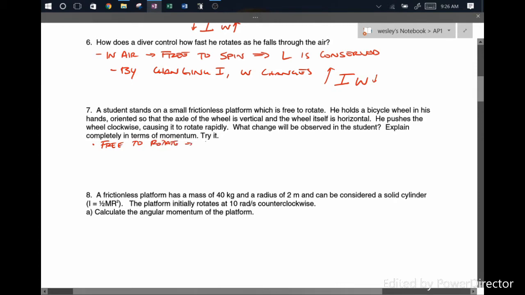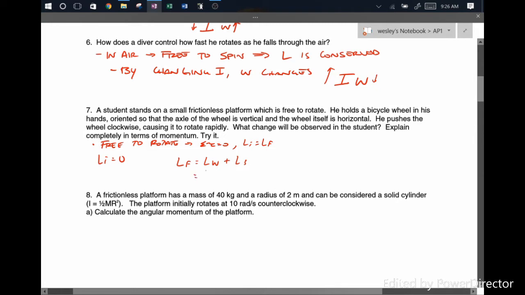That's free to spin. That means net torque is 0. L initial is equal to L final. So at the beginning, L initial is equal to 0. So at the end, L final is going to be L of the wheel plus L of the student platform system, right?